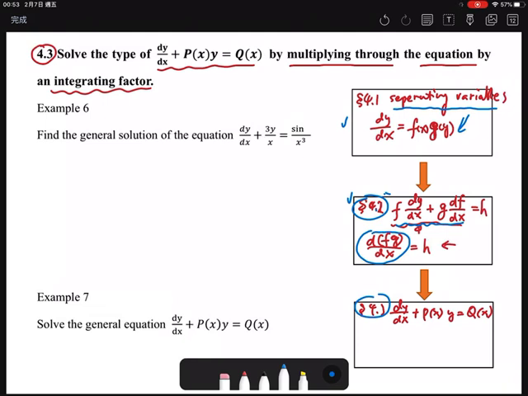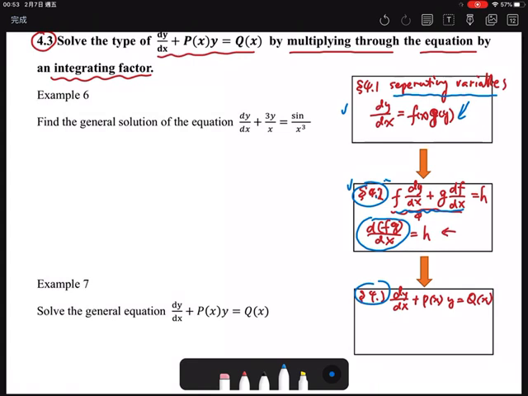If we can, we will use the way introduced in section 4.2. These are the two types we learned in the previous two sections, and today in section 4.3, we learn a new kind of differential equation, and the pattern looks like this.